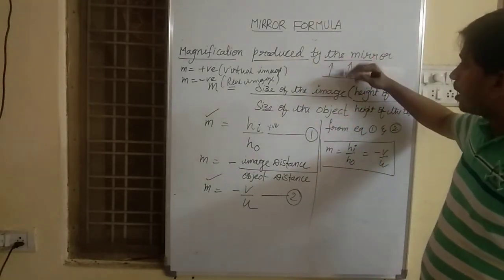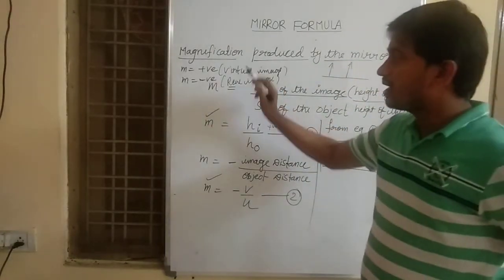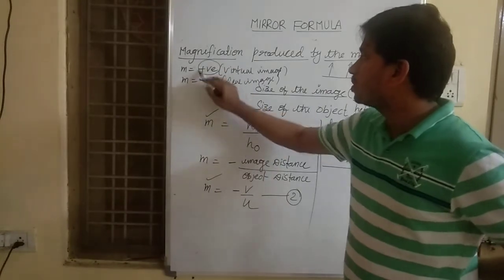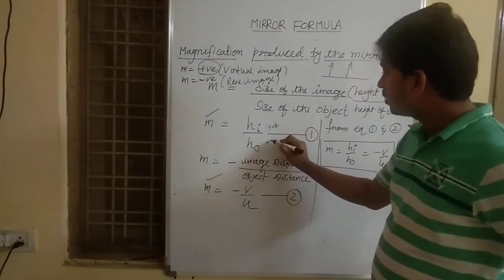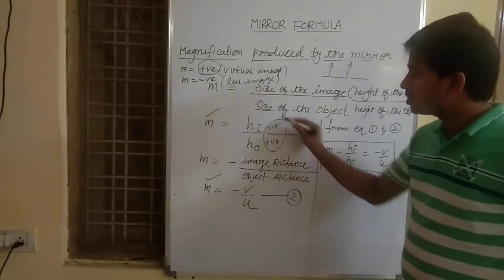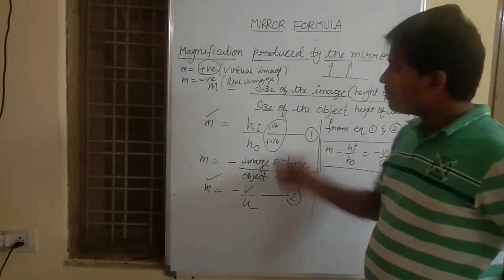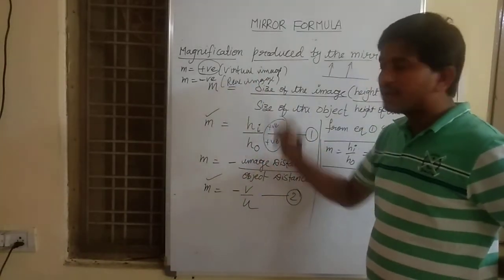That's why for a virtual image, magnification is always positive, because both are positive only. Image distance, height of the image and height of the object are positive. Hence magnification is positive.